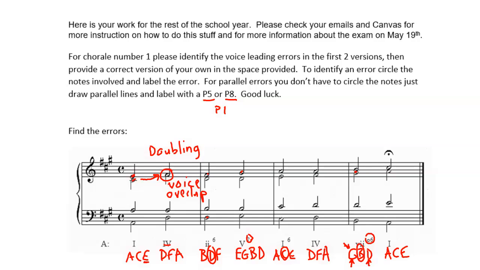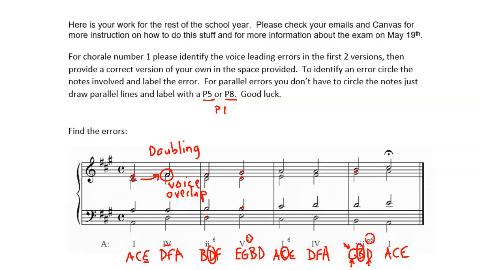I've got a fourth between the soprano and the alto, a sixth between the soprano and the tenor, and a third between the alto and the tenor. So those are all acceptable parallel intervals. Fourth, not as desirable as a third or a sixth, but it's still acceptable.